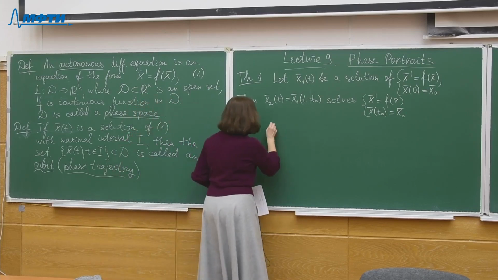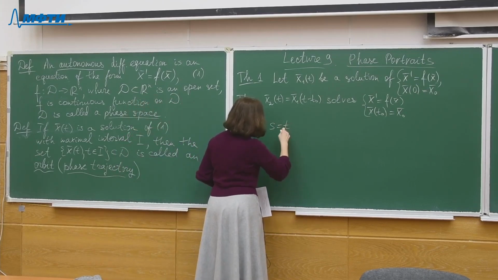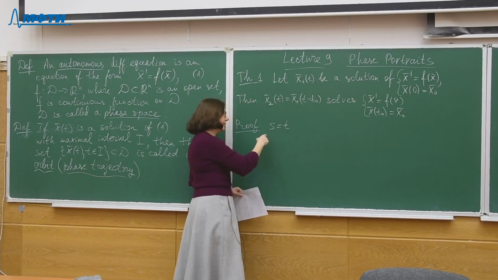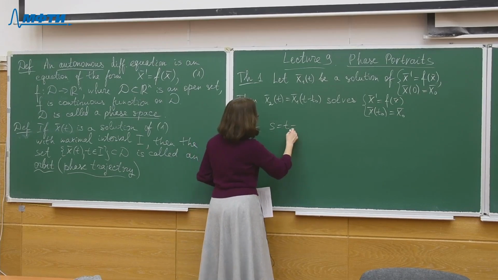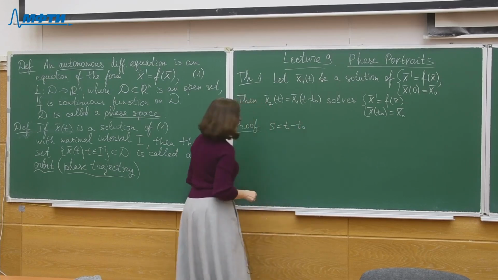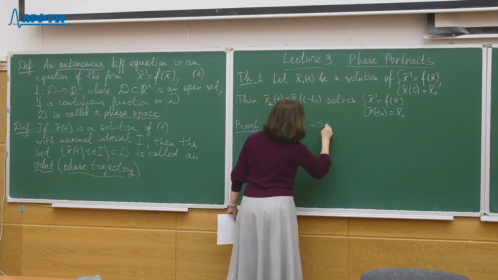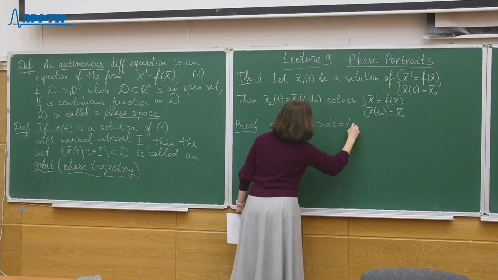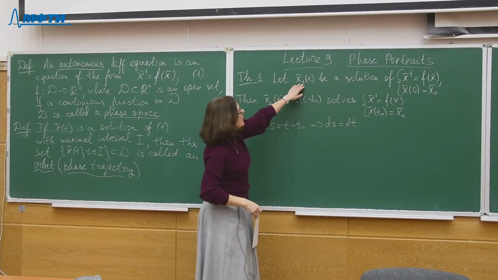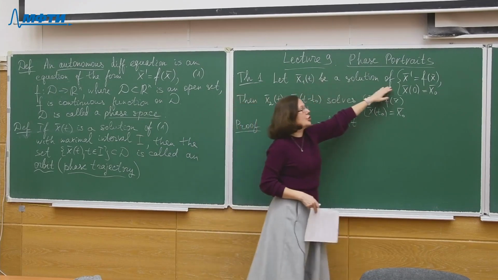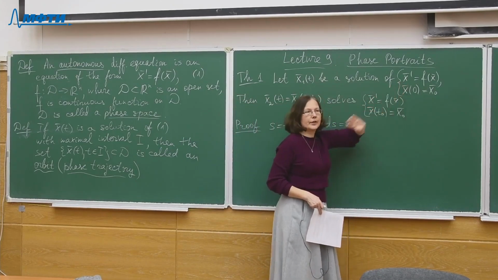If we make a change of variables, a change of time, let us introduce a new variable s, which is equal to t minus t0. Then we can see that ds equals dt. Suppose x1 of t is a solution of this initial value problem.